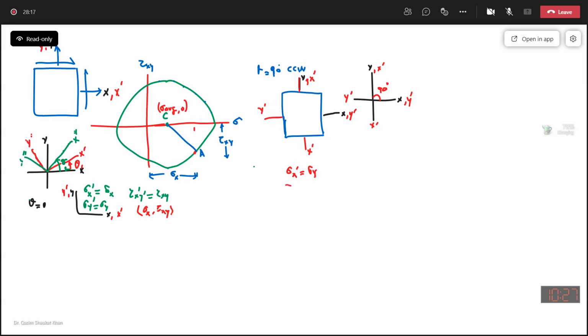And tau x dash y dash, its value will now be, earlier it was, let's say, it should be drawn with the black. One second, please.